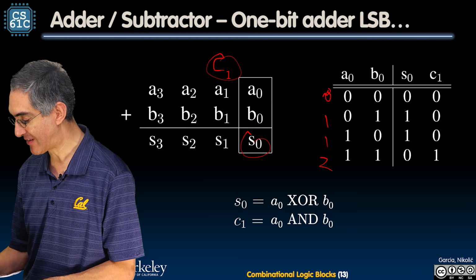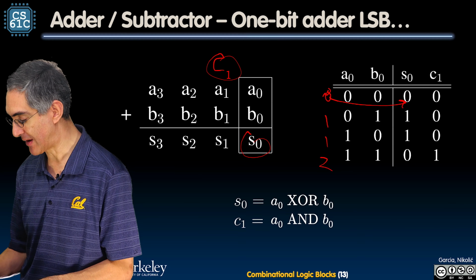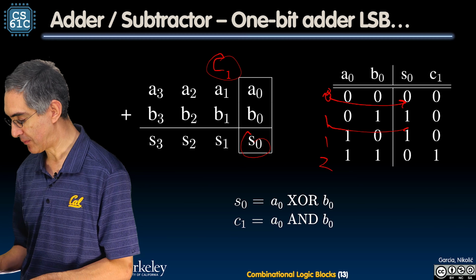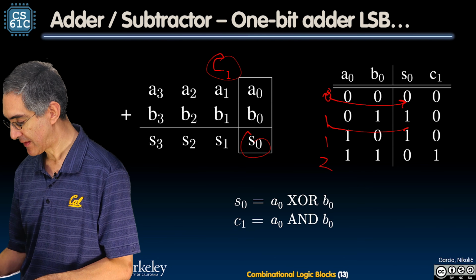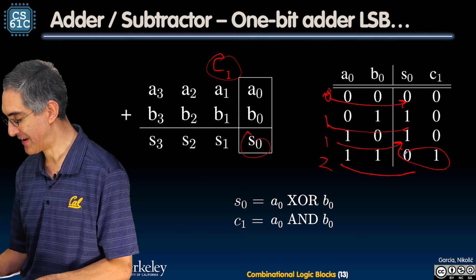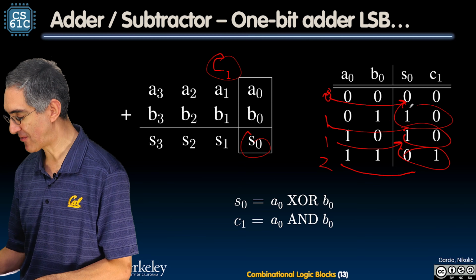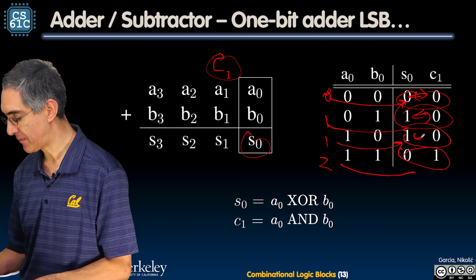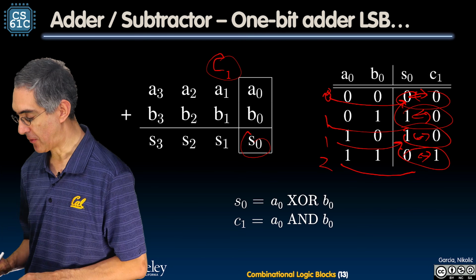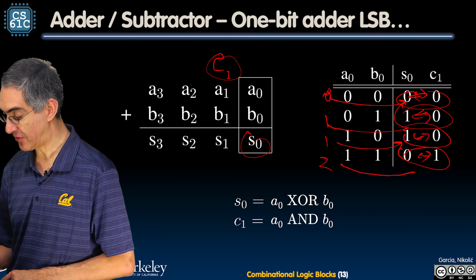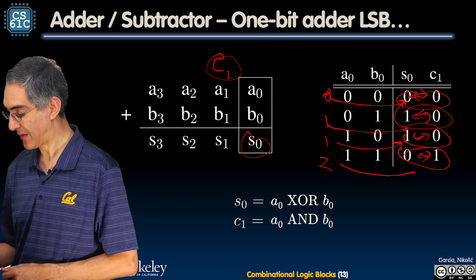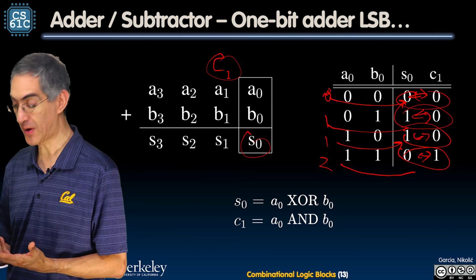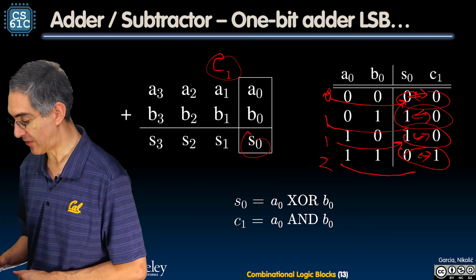I just literally take this number and I write it in binary, but it's flipped. It's like if I wrote that number but flipped it. So 2 is really 0 and 1 carries, okay? 1 is just 1 with no carry. 0 is 0 with 0 carries. So this is all this is.